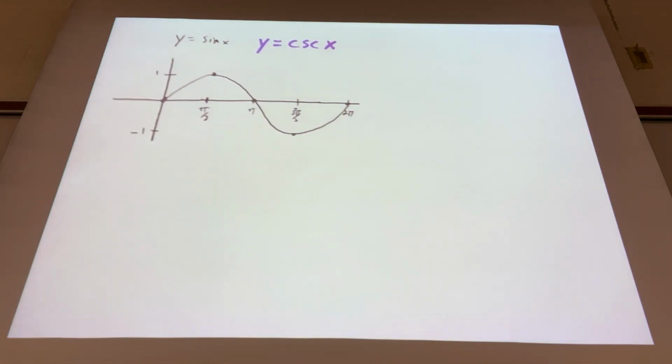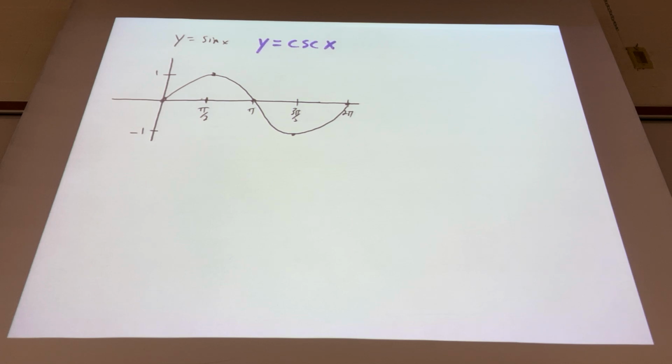Y equals cosecant x. What is the relationship between sine and cosecant? Inverse? Not inverse. Not opposite. Reciprocal. Okay. Opposite's negative. Inverse is sine inverse, which has its own special properties we'll talk about in a later section. Reciprocal.